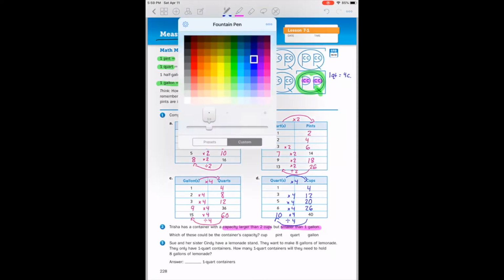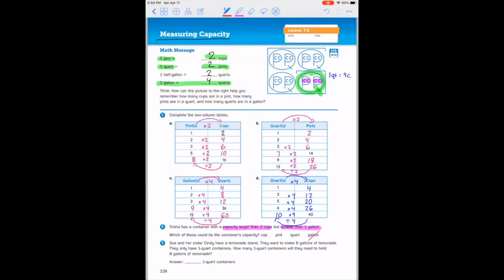Well, right off the bat, we know that we can probably cancel out gallon and cup, right? Because it's smaller than a gallon but larger than a cup, so it can't be either of those. So let's look back at our graphic. A pint is smaller than 1 gallon, and it is the capacity larger than 2 cups?